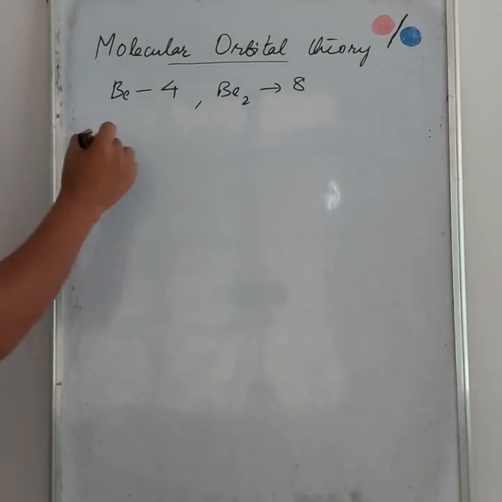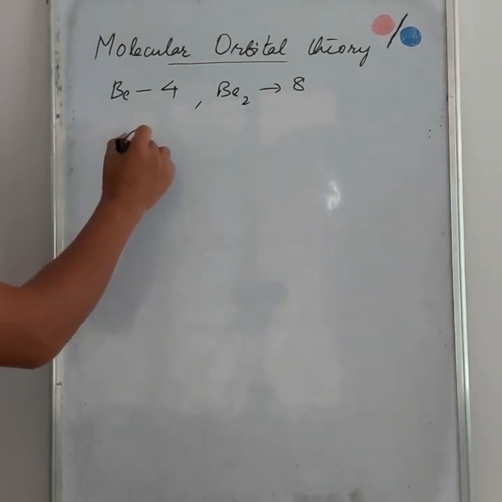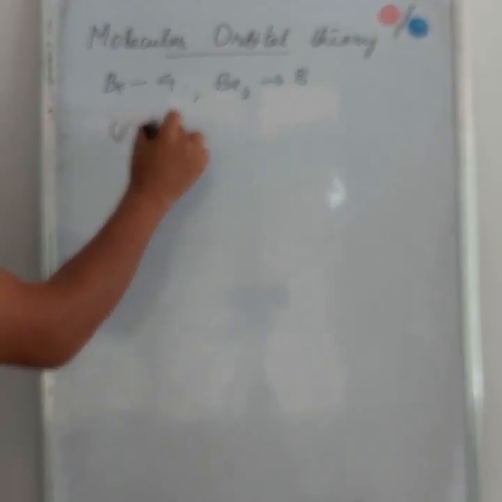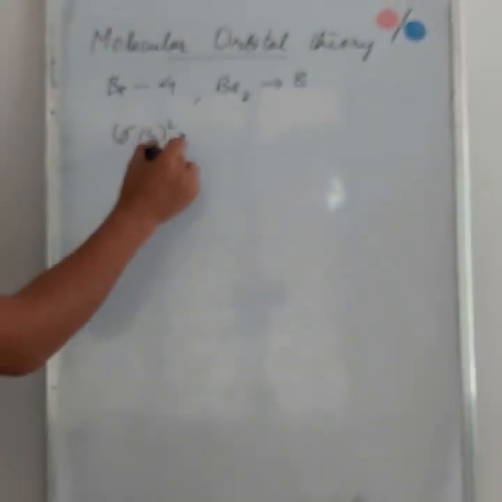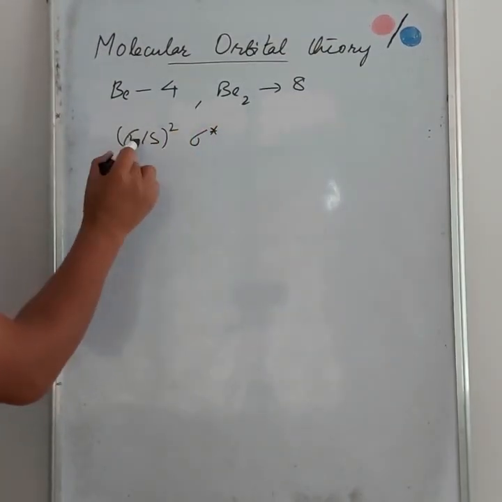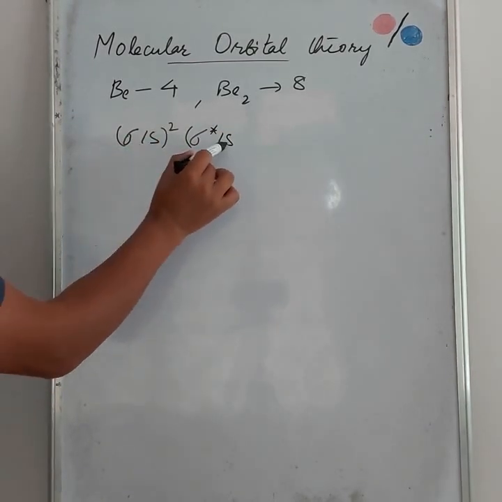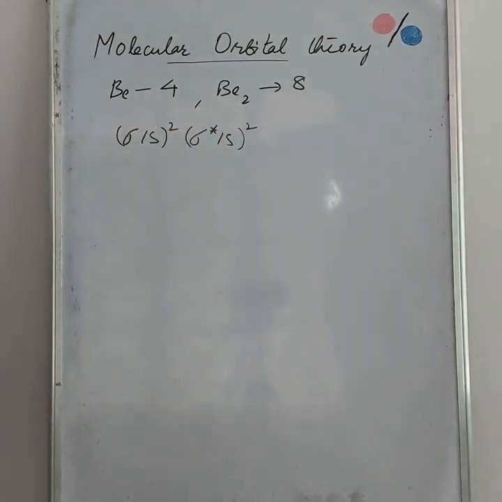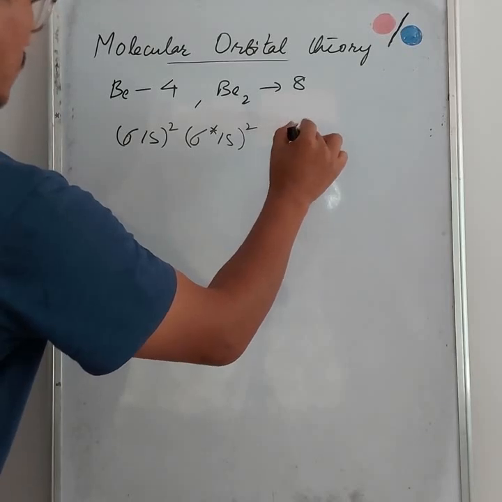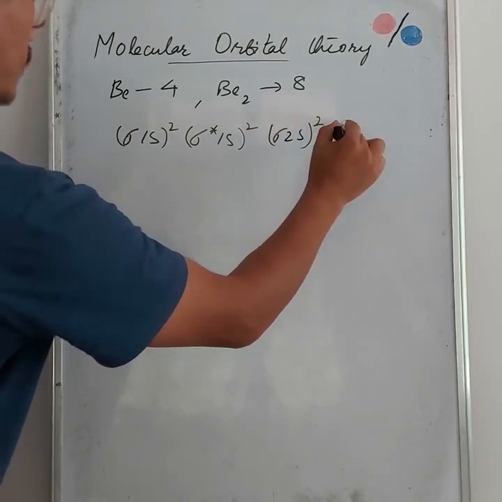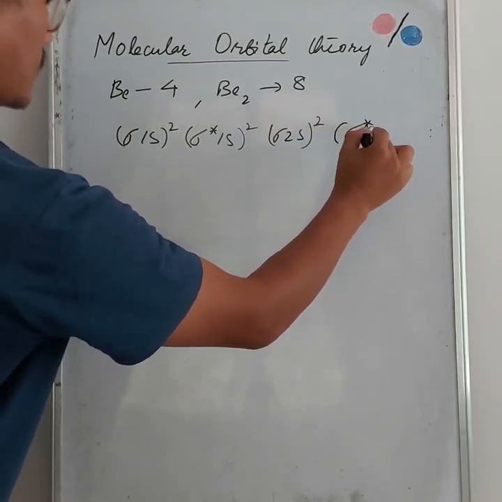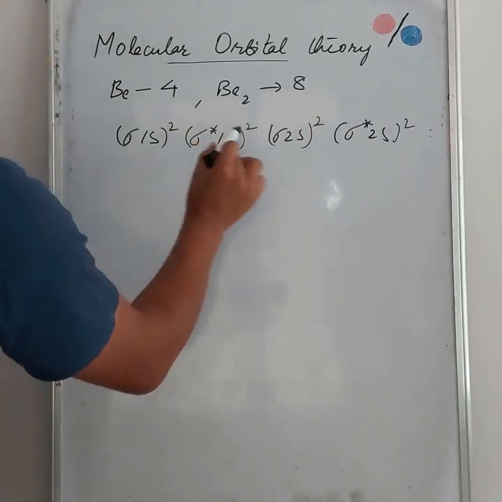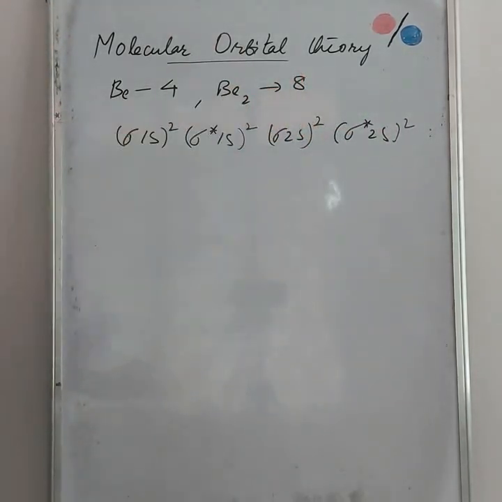We start with sigma 1s, which is for bonding, and for antibonding, the same. Sigma 1s will have an antibonding orbital, so it will have two electrons in that antibonding orbital also. Then we move on to sigma 2s with 2 electrons, and then antibonding sigma star 2s with 2, giving 2, 4, 6, 8, so 8 electrons.